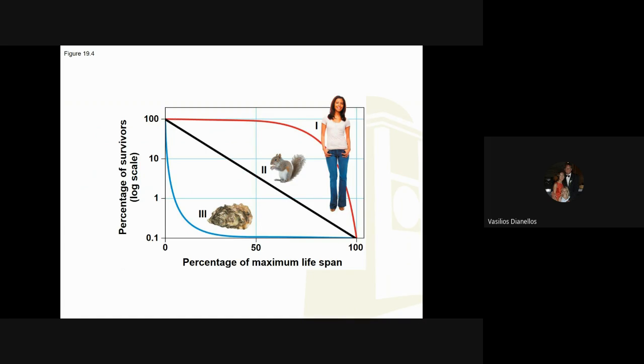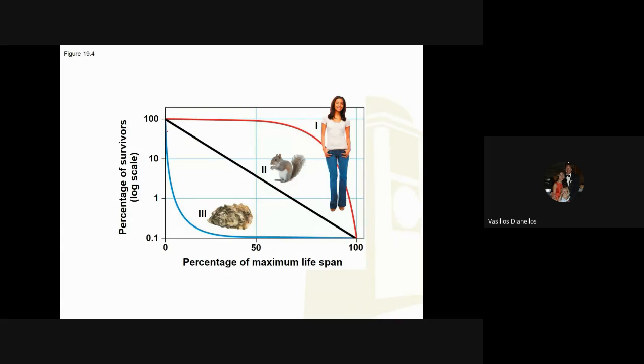So again, we've already looked at the table for humans, and like I said, most humans have a pretty good chance of surviving. And then all of a sudden, towards old age, your chances of growing to the next age group drop drastically, and that's what this graph shows. And of course, for things like oysters, it's the opposite, right?